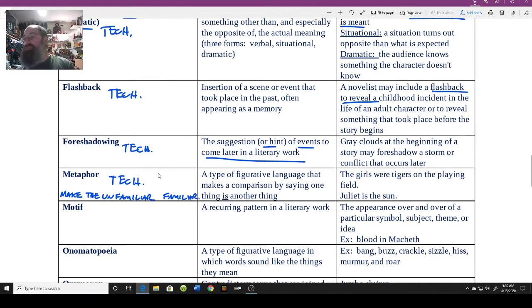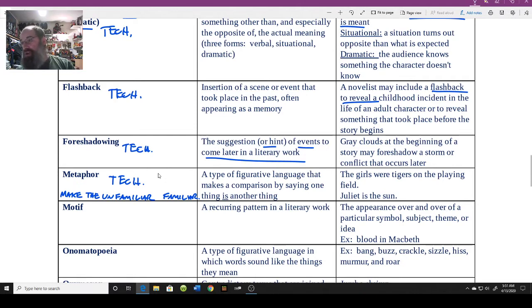That is why we use metaphors. We are trying to take something you don't know and make it part of your experience. Metaphors are analogies. So if you're asking what's the difference between an analogy and a metaphor, a metaphor is a type of analogy.